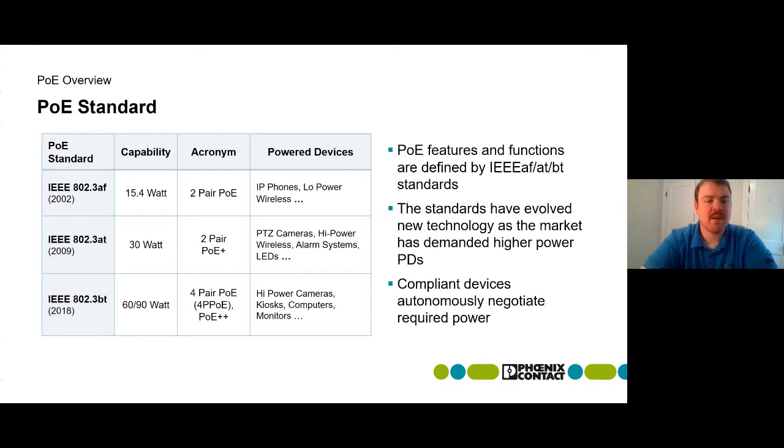And over time, the most recent being IEEE 802.3bt, it now goes all the way up to 60 and 90 watt power ratings. So all that means is it allows us to use more connected devices, higher power cameras, monitors even. So all of these different devices allow for more connections and more of the industry evolving.